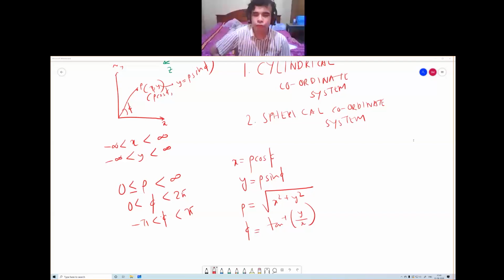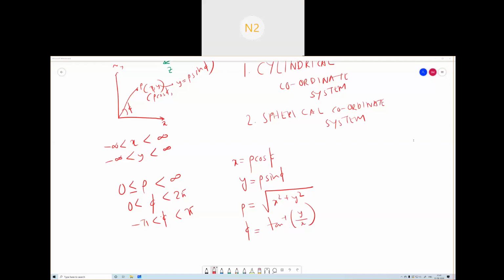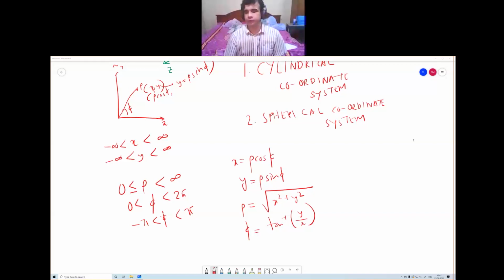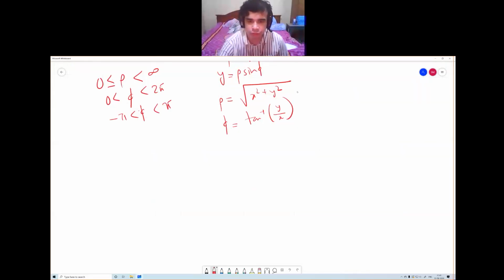Is it okay? These 4 equations? Yes, sir. Now we add z to make it 3D. So simply speaking, the z of Cartesian and cylindrical are the same.